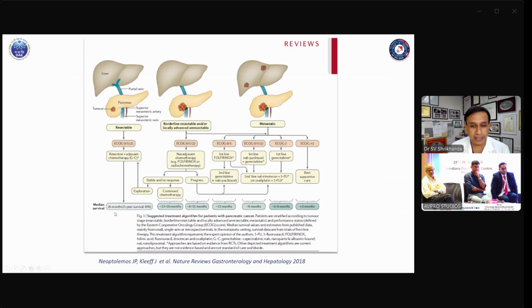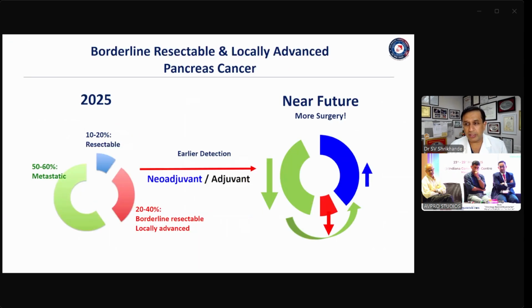Resectable disease, 26 months, borderline resectable and locally advanced, 12 to 19 months. So obviously you need to select, but the ones who respond well, if you do radically well, you are definitely going to give patients a chance to live long, like I showed you in my previous slide.